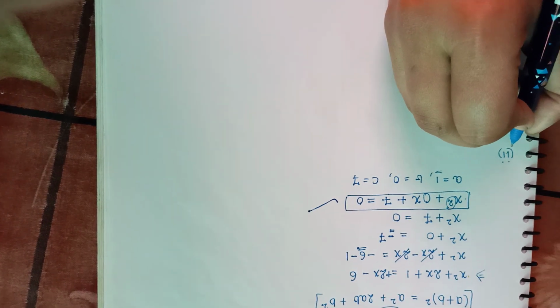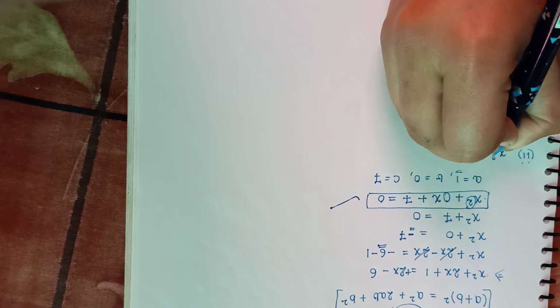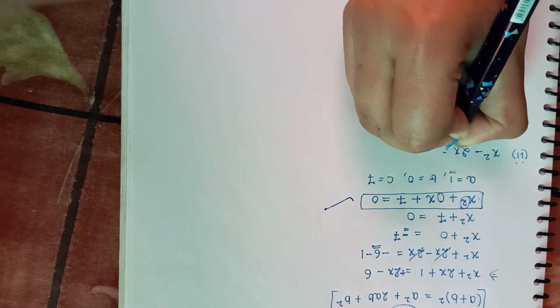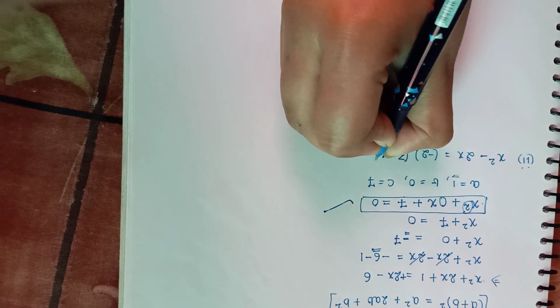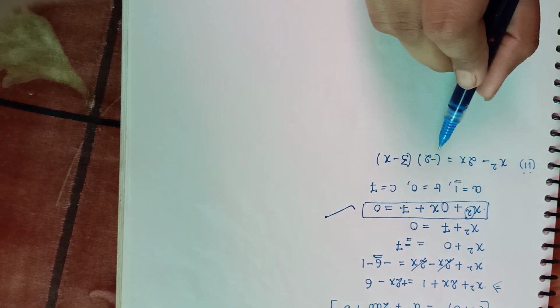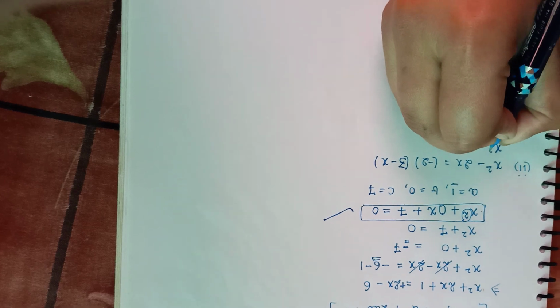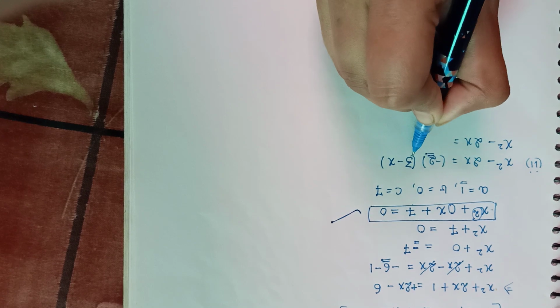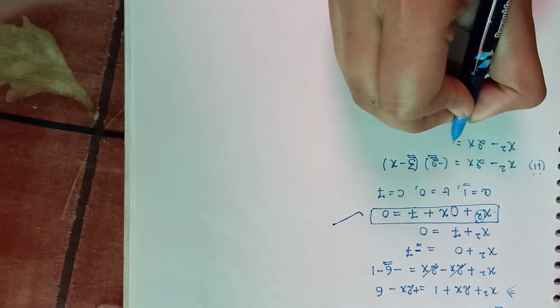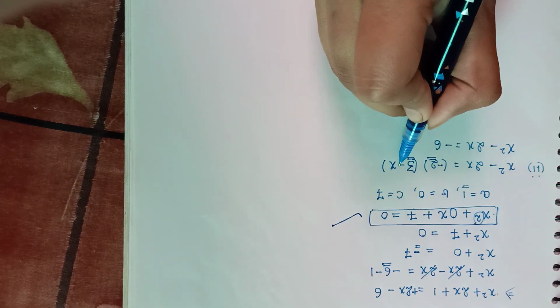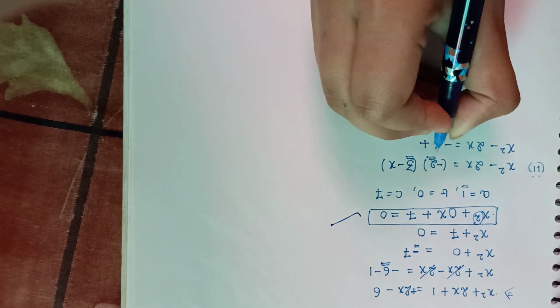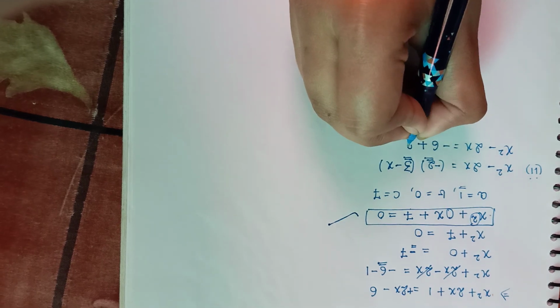Now we are moving towards the second part, that is x square minus 2x equals to minus 2 (3 minus x). Firstly, we have to open the brackets. x square minus 2x equals to 2 multiplied with 3 with the sign of minus. 2 times 3 makes 6. Minus and minus makes plus, so it is equal to plus 2x.